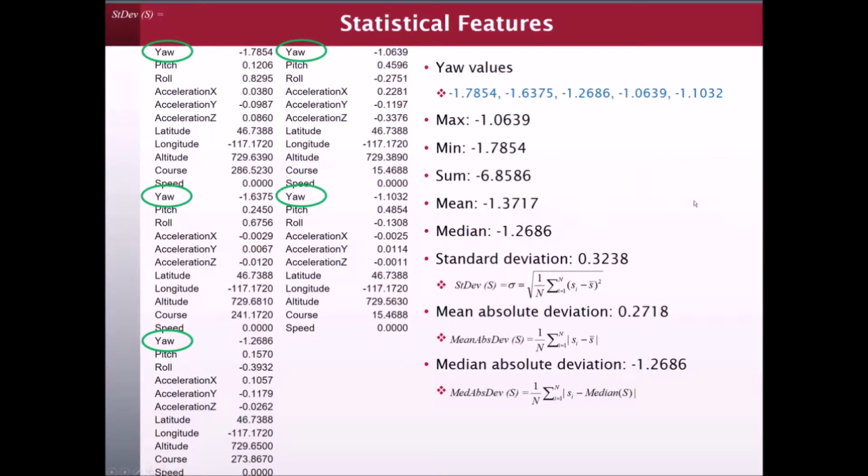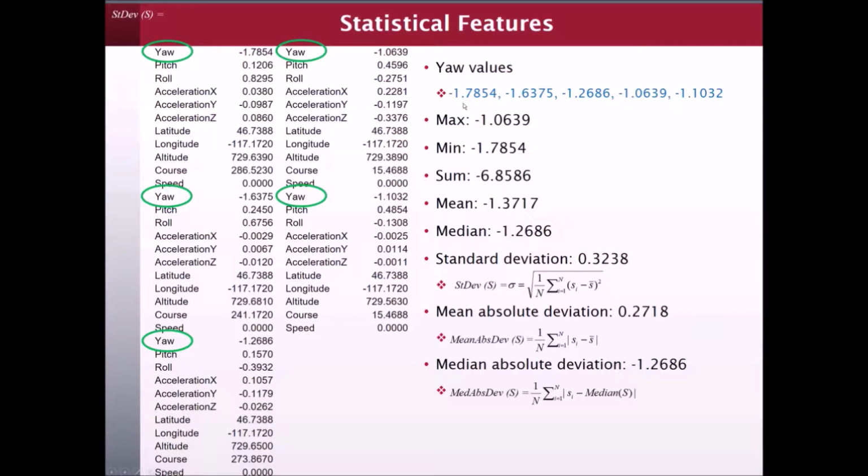Next, we can gather a large number of statistical features representing our numeric-based sensor values. We will demonstrate these statistical features for one sensor value, in this case yaw, but we can repeat the process for all of the other 10 sensor names as well.